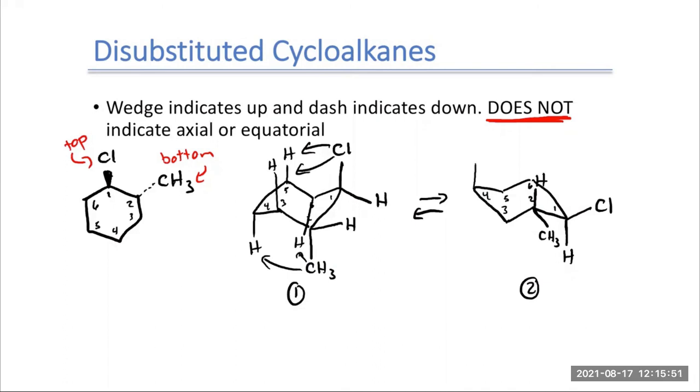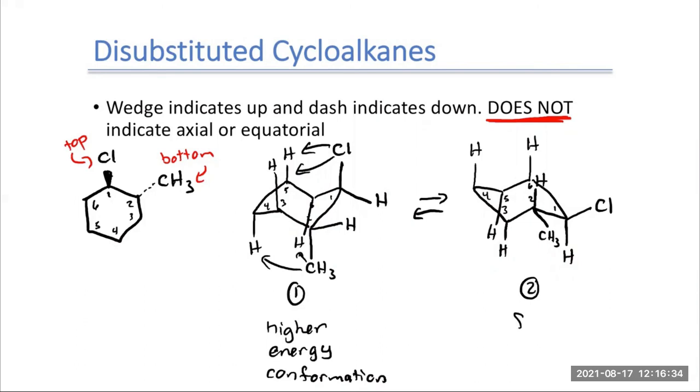With the other conformation, you can see the only axial ones on the top are hydrogen. The only axial ones on the bottom are also hydrogen, so there's no diaxial interaction here, which means this one is going to be a higher energy conformation. Which means number 2 is going to be the favored conformation.